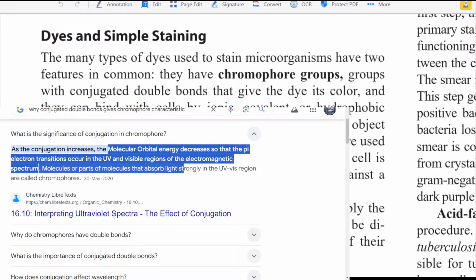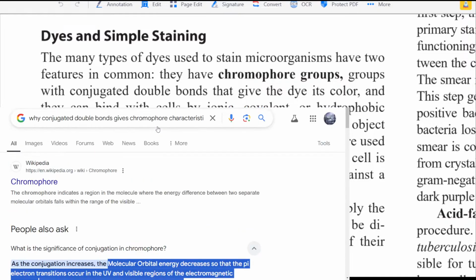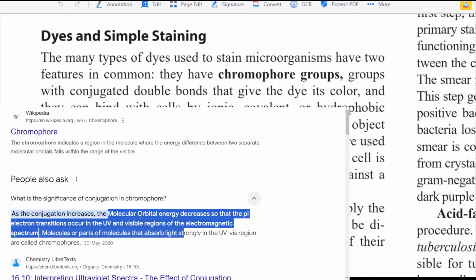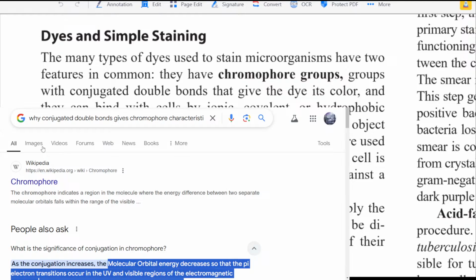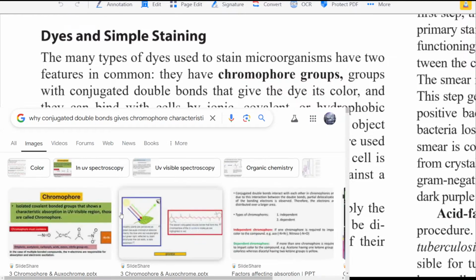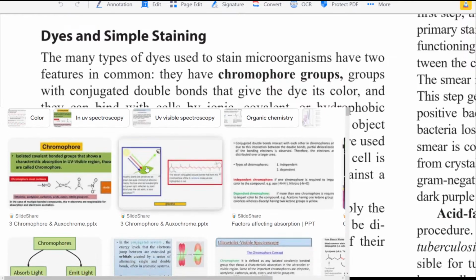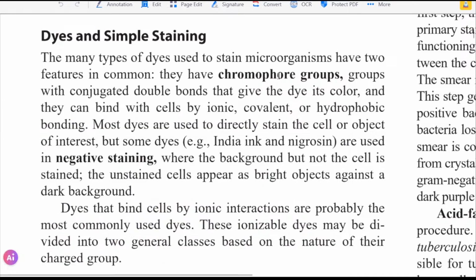Alright, so the energy levels, we all know that energy is released in wavelengths, right? There's a packet of energy and it has its own wavelength, and there is a certain point where it occurs in the visible region of light. I think you kind of get it. Chromophore groups are groups in molecules that first have conjugated double bonds, meaning one double bond, one single bond, one double bond, one single bond, in this kind of pattern.